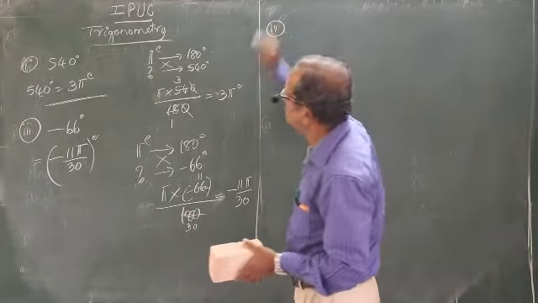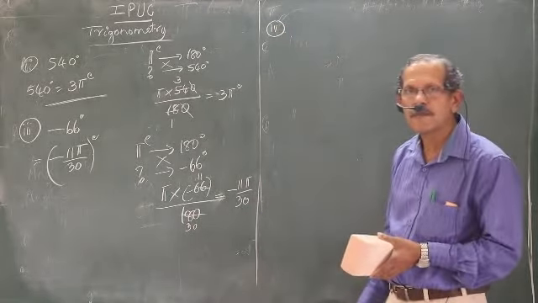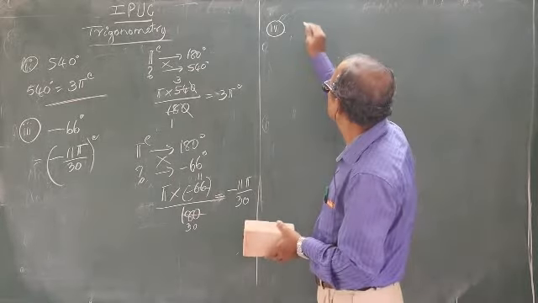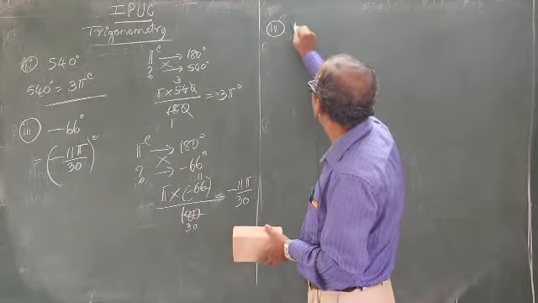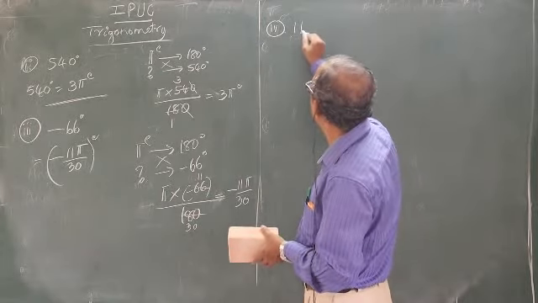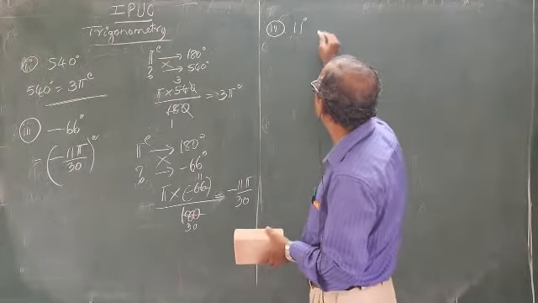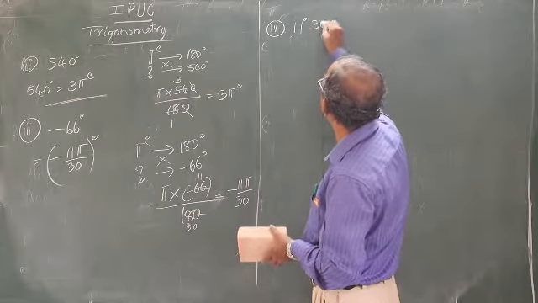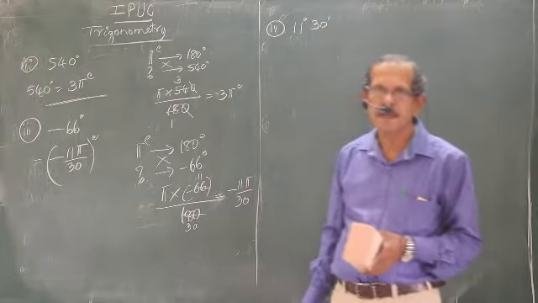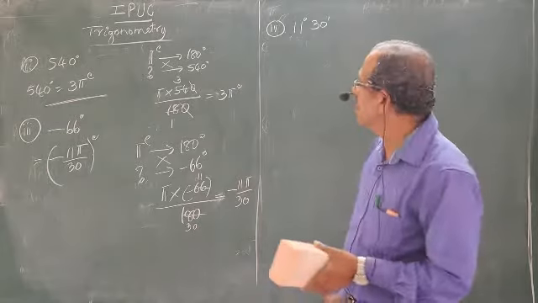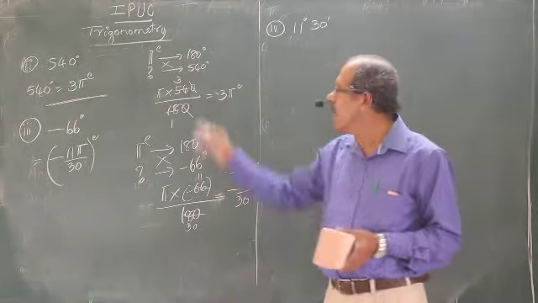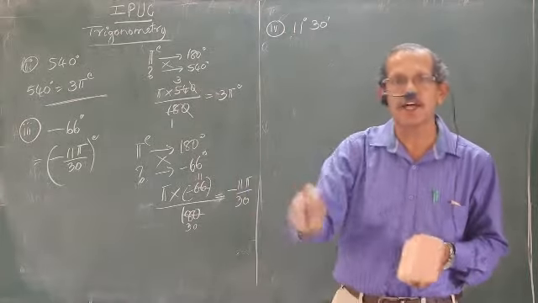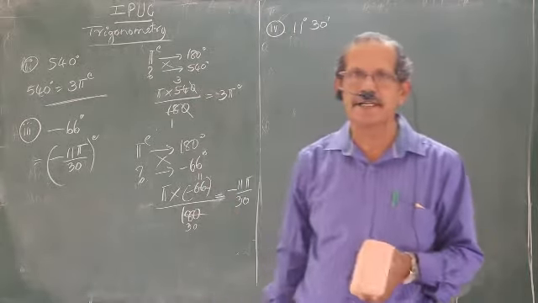Fourth one. 11 degree 30 minutes. Because the angle in degree is not the smallest, you can give the angle in terms of degree, minute, even in terms of second.